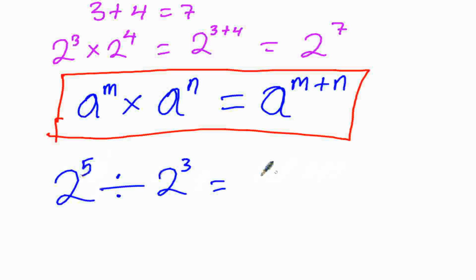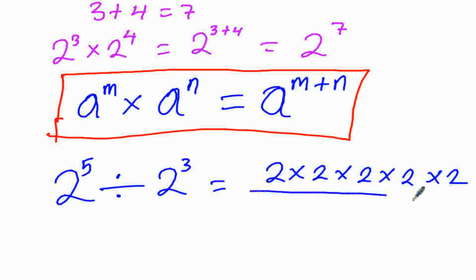So 2 power 5, as we've said, is the same as 2 times 2 times 2 times 2 times 2, 5 times, divided by 2 times 2 times 2. Then we can do some cancelling, this goes with this, this goes with that, and this goes with that.